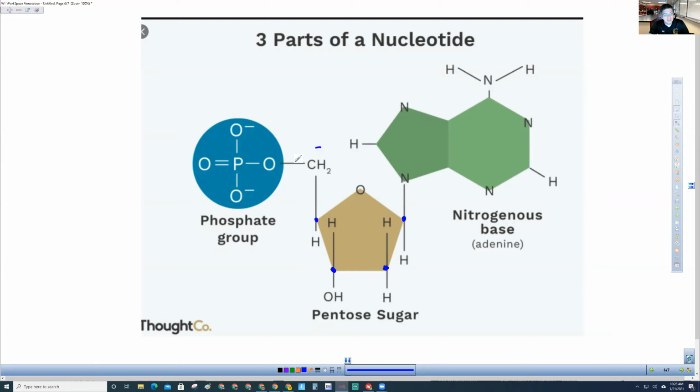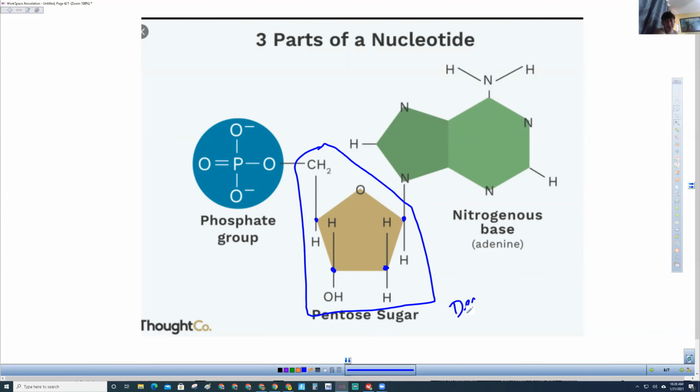What sugar is this, by the way? It has a specific name. Did you guys catch that from the video? Deoxyribose. Very good. It's deoxyribose. Excellent job. Right? Because it's missing this extra O. Very good.